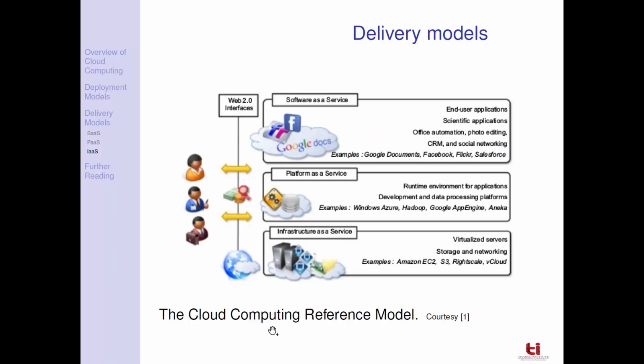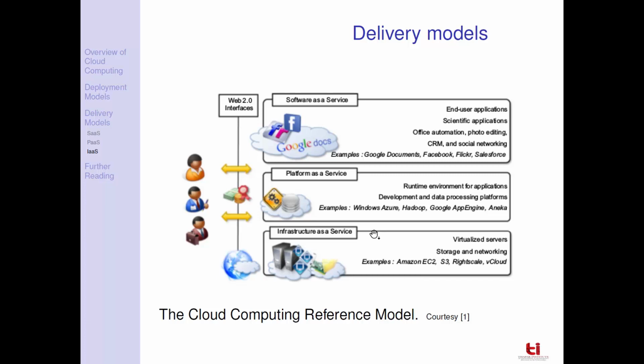Okay, to sum up, let us look at the cloud computing reference model. If we see here, we have users who access the services which are provided by the cloud provider through a Web 2.0 interface. These services can be software as a service or platform as a service or infrastructure as a service.